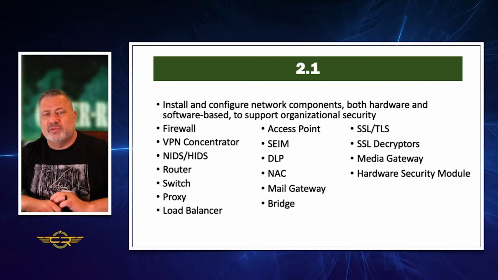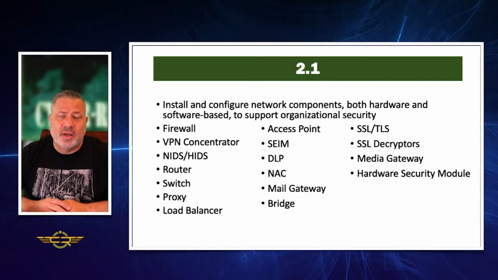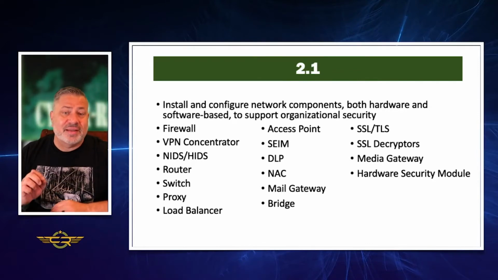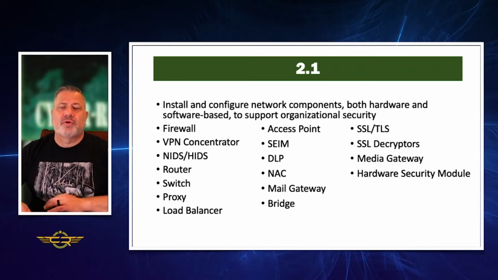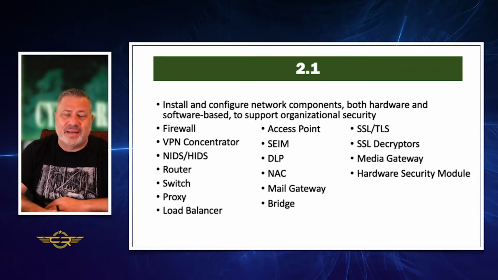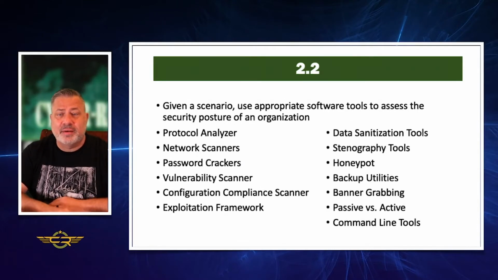Obviously, routers, proxies, load balancers, access points, SIEMs, or security event monitoring solutions, DLP, NAC, mail gateways, bridges, SSL and TLS. Probably be concentrating on TLS, transport layer security, SSL decryptors, media gateways, and hardware security modules. A lot, as you can see, a lot going on.